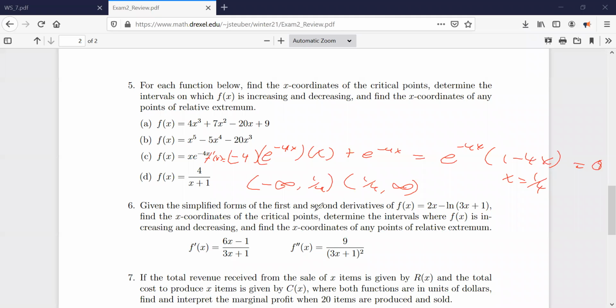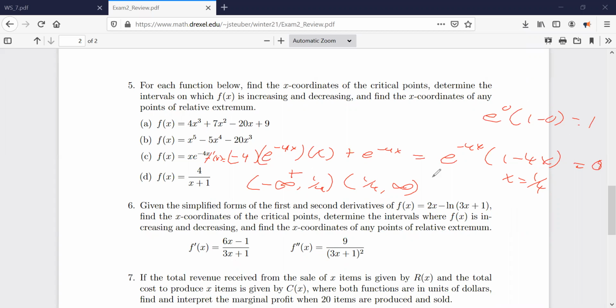The default, if possible, always plug in 0. In this case, if I plug in 0 to this equation, I get e to the 0 times 1 minus 0, which is equal to 1, so it's positive. It's increasing on those bounds, and then it's going to be decreasing.